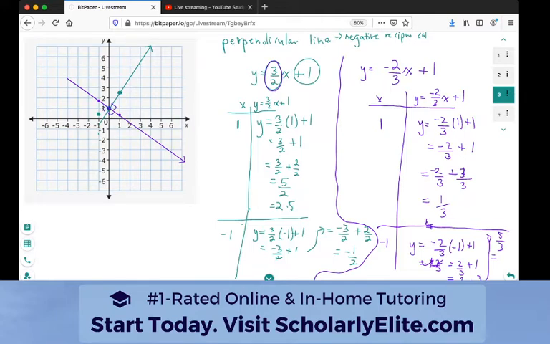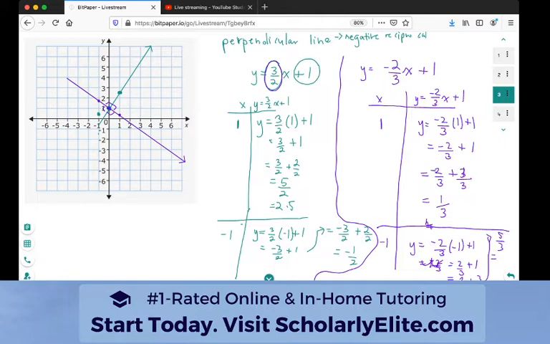So these have to be perfect 90-degree angles. So again, just to reiterate, a perpendicular line has a slope that is a negative reciprocal to the original line you're talking about. So that means that the slope itself, if it's a fraction or even if it's not a fraction, you have to flip the fraction and multiply it by a negative.